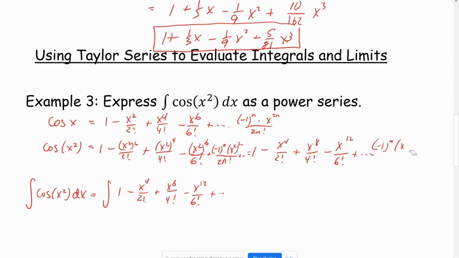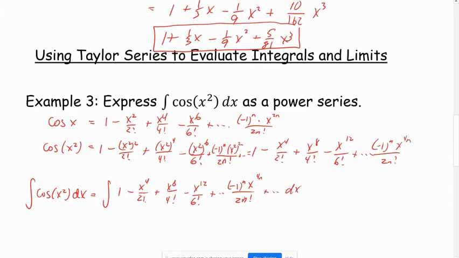And then in this case, it's going to be x to the 4n over 2n factorial. And so if we put that in here, then we'll be able to integrate the general term as well.